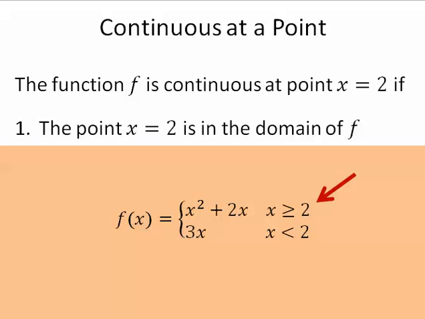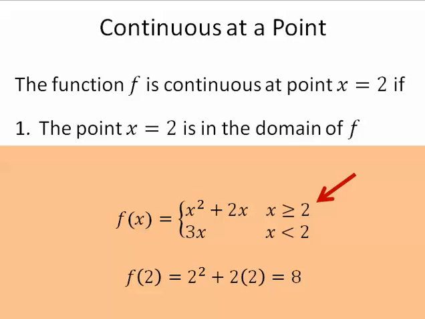The point x equals 2 is in the domain of the function. In fact, if x equals 2, the function is defined by x squared plus 2x. And so f of 2 is 2 squared plus 2 times 2, which is equal to 8.